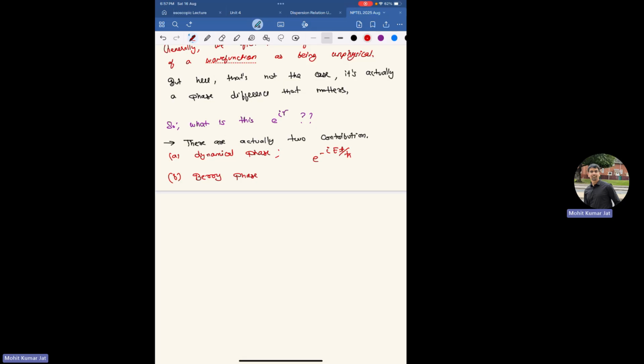You can't stop time essentially. But the Berry phase depends on the path along which you are moving, and that you can control. Then you can do the interference of these waves and get the exciting physics.